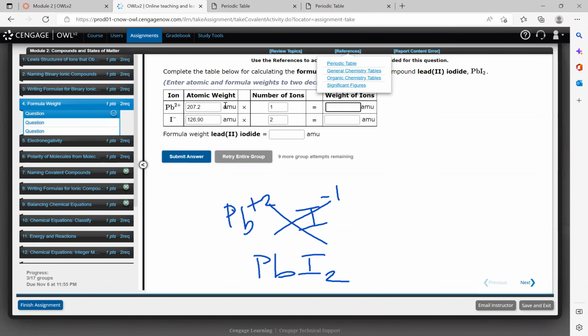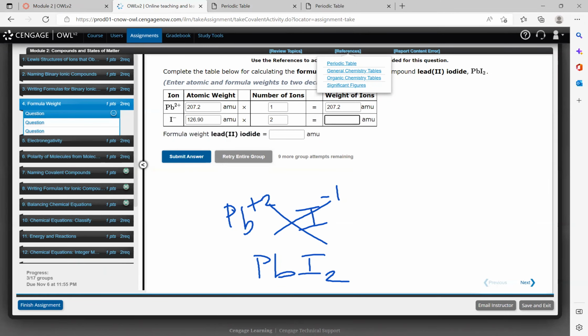Now, all you have to do is multiply for getting the actual weight of the ions. For lead, this is just going to be 207.2. But now we have to care about the mass for when we're dealing with the ions now. And so now what's going to happen here is we have to take into account that we have 126.9 times 2.